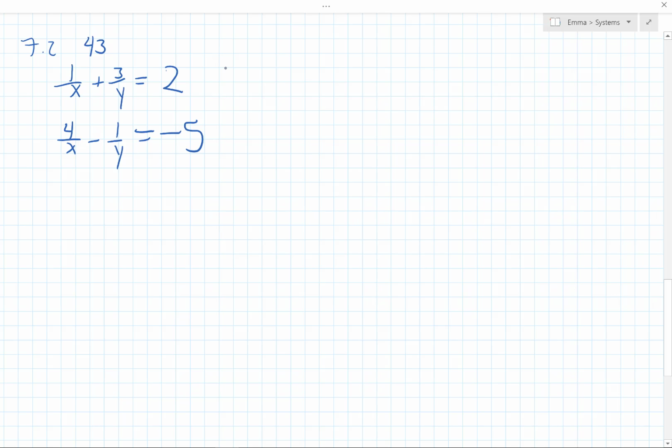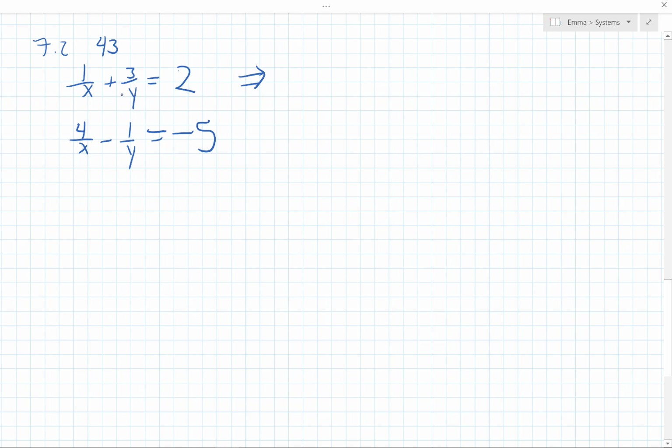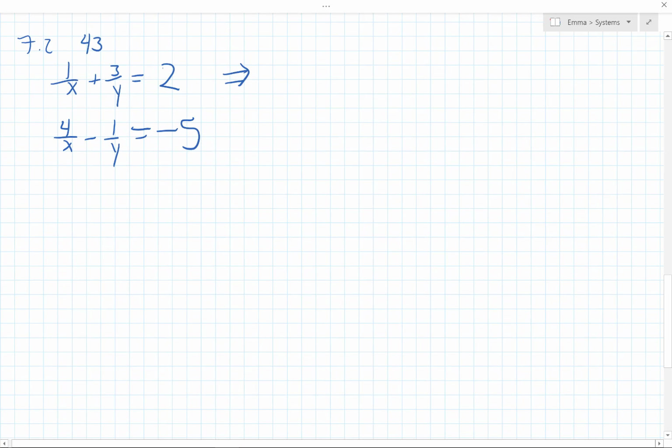Alright, so the trick to this one, it's tempting to clear the fractions by multiplying by a common denominator, like you do if there are constants underneath, but that leads to trouble with this guy.